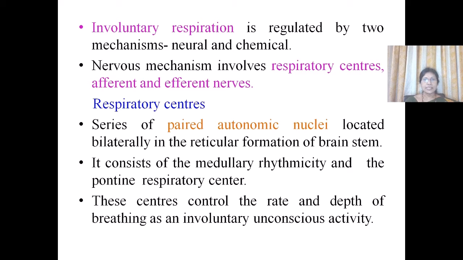These respiratory centers consist of the medullary rhythmicity area and the pontine respiratory center. These centers cooperate to regulate the rate and depth of breathing as an involuntary unconscious activity in response to the physiological needs for oxygen and carbon dioxide exchange and for blood acid base balance.